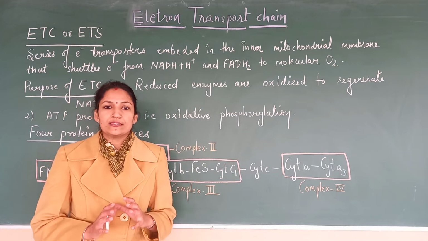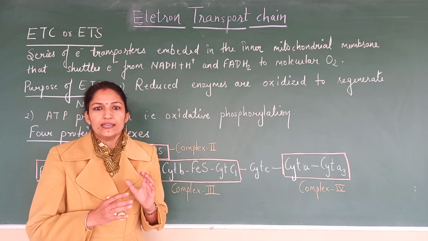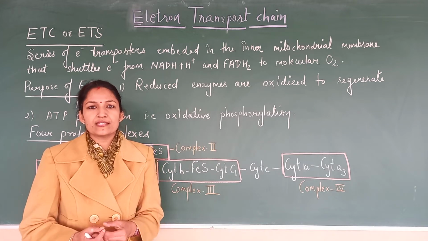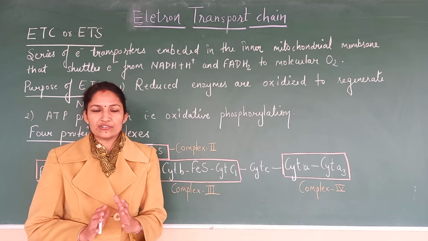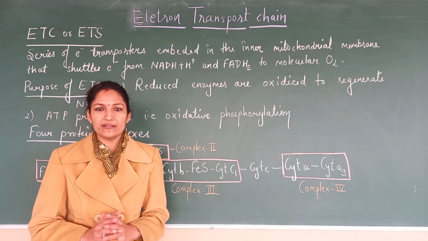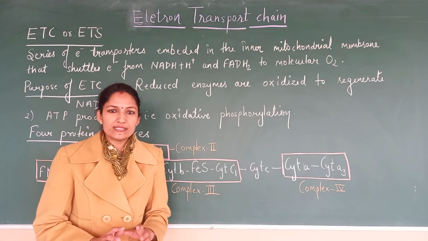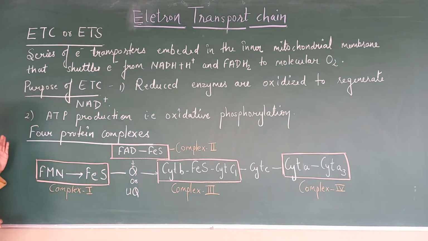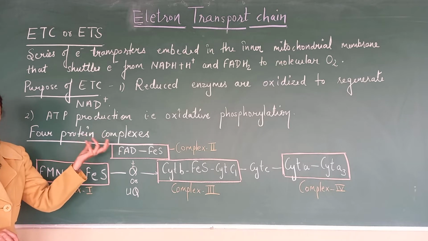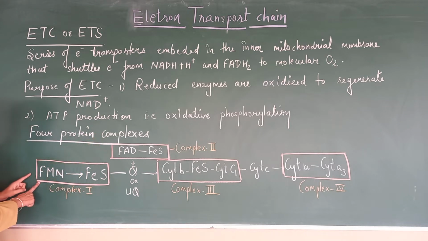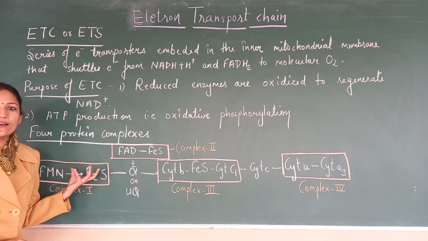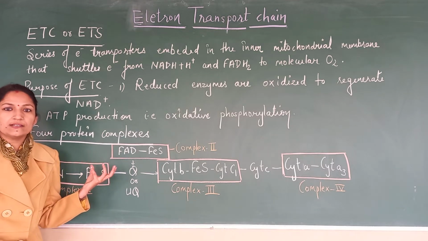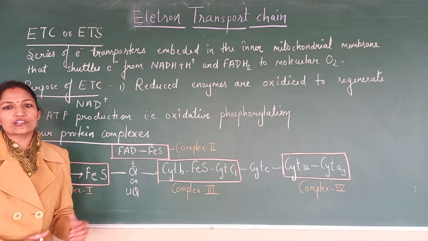Fine. Now, this ETC, this electron transport system, is embedded in the inner mitochondrial membrane. So we'll see what kind of components are part of it. This membrane contains 4 complexes of proteins. The first one starting from this, because they all are arranged in their increasing order of redox potential.